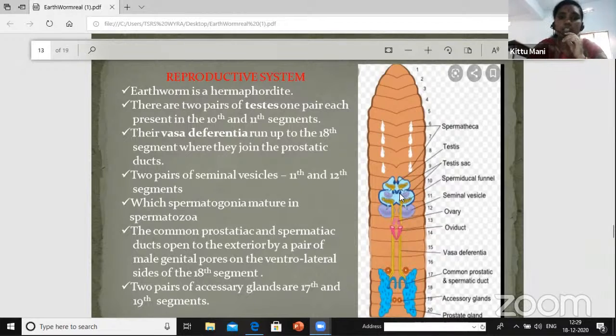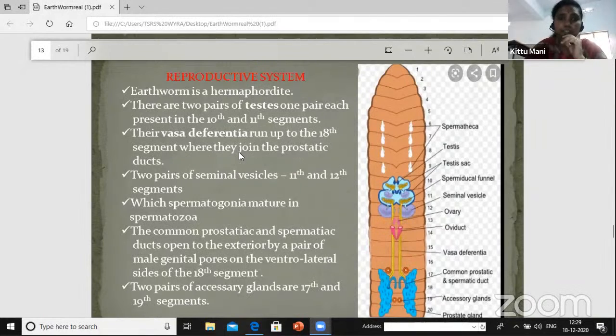Next, the vasa deferentia run up to the 18th segment. The vasa deferentia are tube-like structures which carry the sperm during the breeding season.